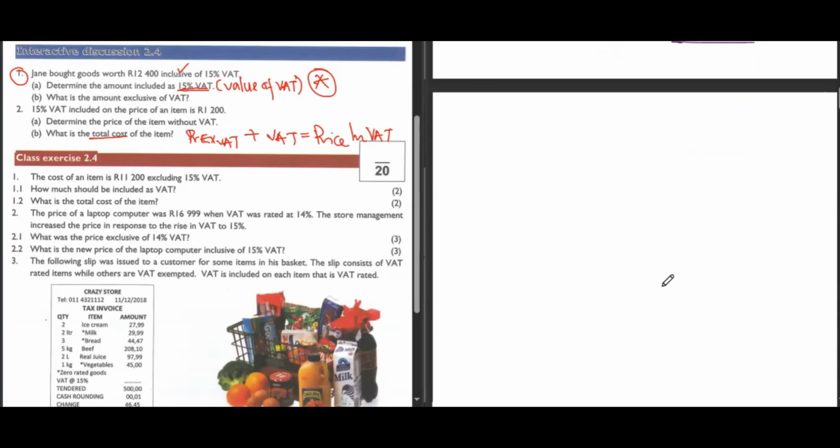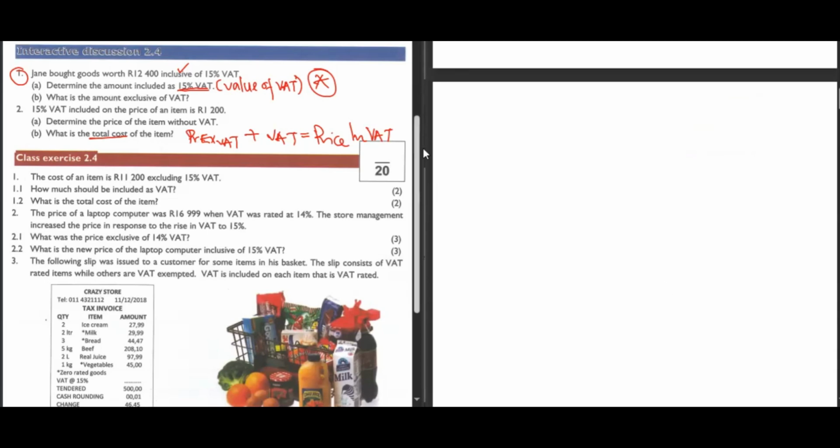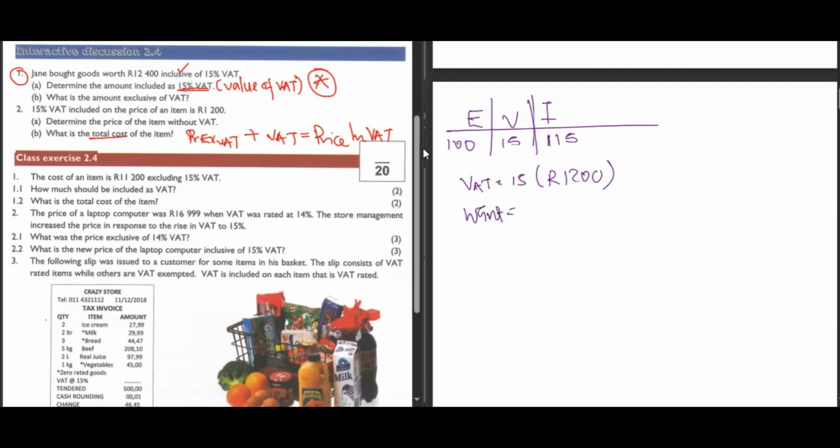Or we go back to our method 2, whereby we are going to use the table. We shall have the exclusive, the VAT, and the inclusive, whereby exclusive is at 100%, VAT comes with 15, and then inclusive has 115. So we have VAT already, so we have the 15%. The amount is 1,200. What do we want? We want the 115.